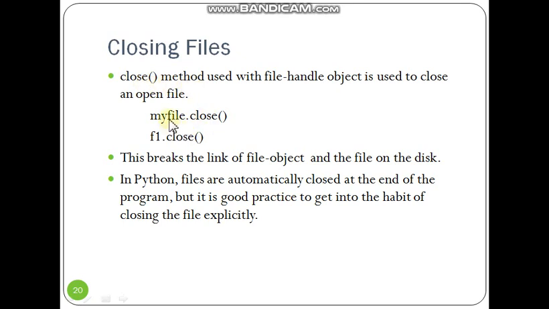Just give the file handle or file object name, then dot close. Using this function, we break the link between the file object and the file on the hard disk. So even though it is automatically closed at the end of the program, this is good practice and we need to follow it.